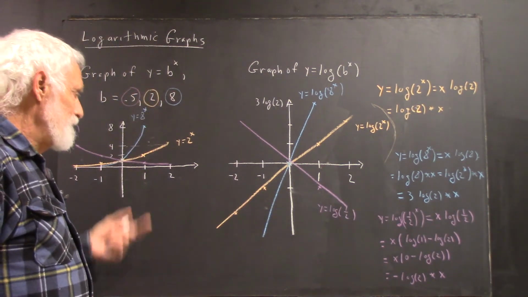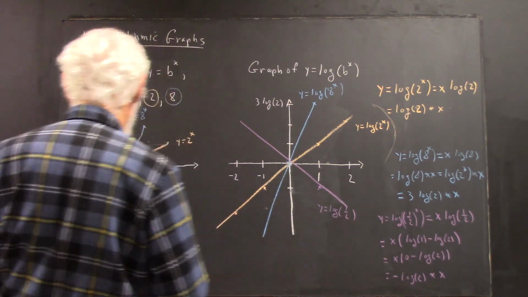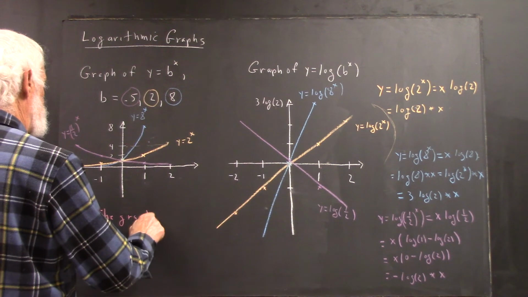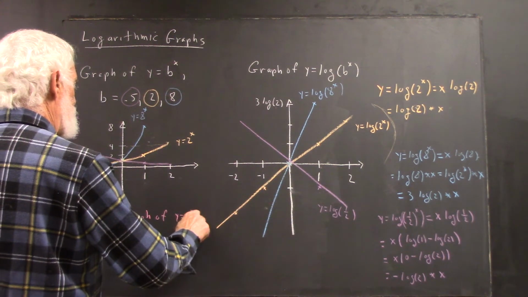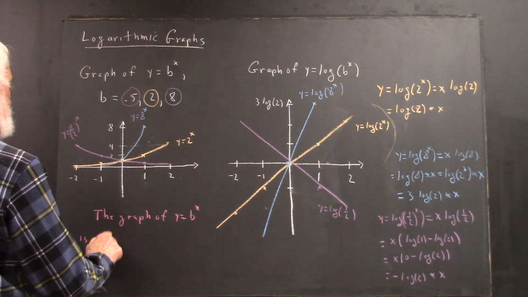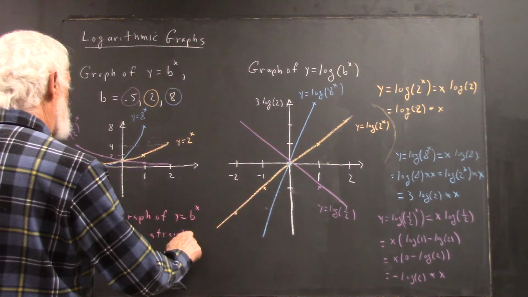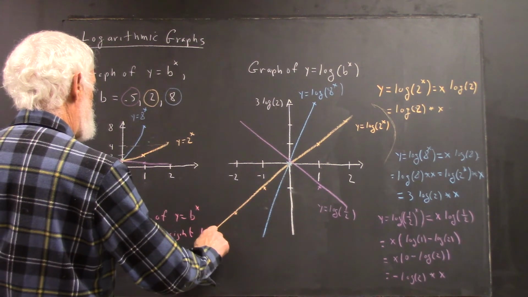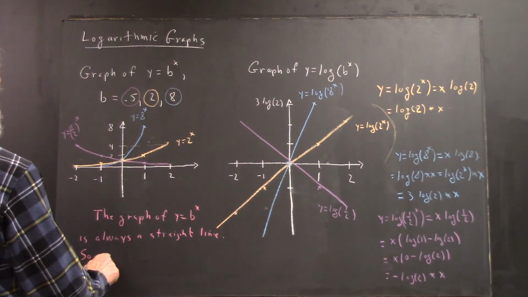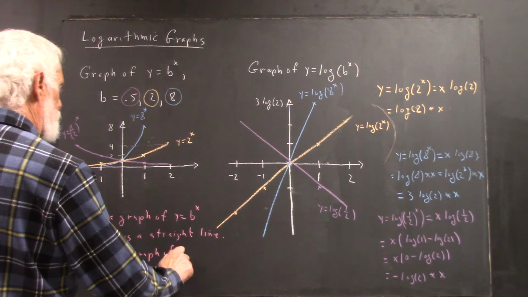The big point here is that the graph of y equals b to the x is always a straight line. And you'll work out from homework why it is.